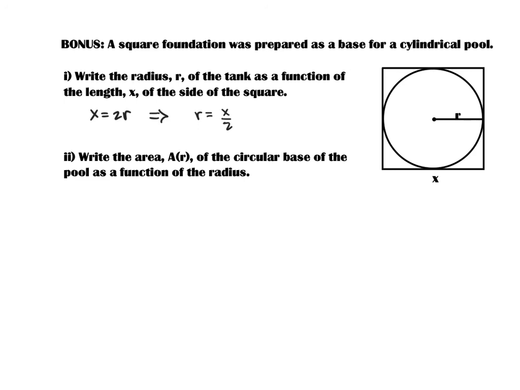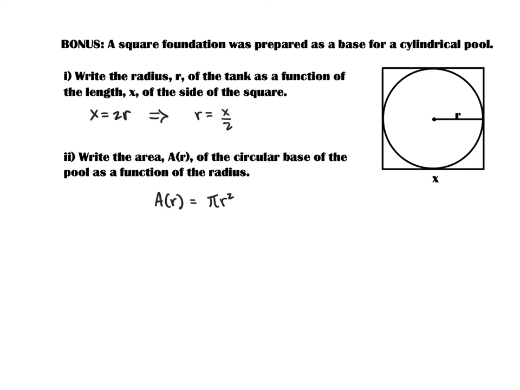Okay, write the area, A of r, of the circular base of the pool as a function of the radius. Well, A of r is equal to pi r squared. I wanted to add a little more to this question because that's pretty basic.